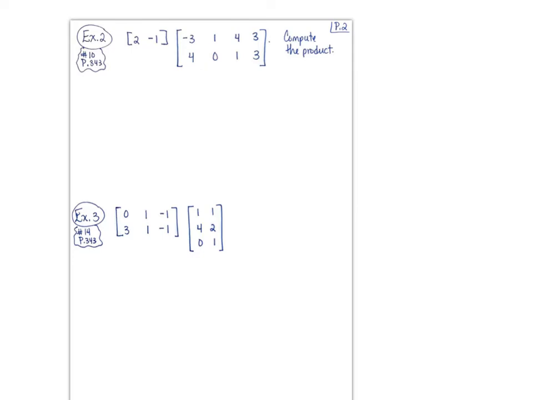Yes, it is possible, because we have a 1 by 2 matrix, and we're multiplying that by a 2 by 4 matrix. What should be the size of the resulting matrix? Right now we're just talking about sizes. The resulting matrix should have size 1 by 4. Very good.